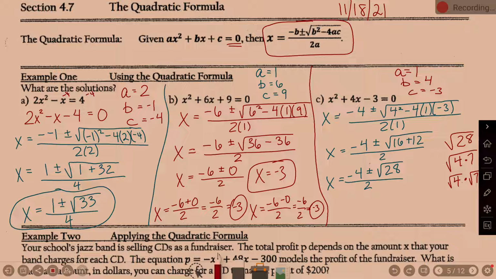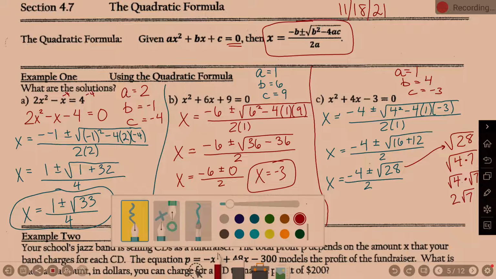Do we know the square root of 4? Square root of 4 is 2. Do we know the square root of 7? No, that's a decimal, so it stays square root of 7. So what I'm trying to show you here is that square root of 28 can be rewritten as 2 square root of 7.